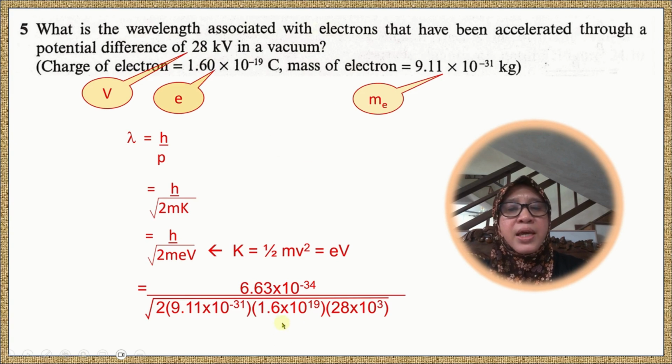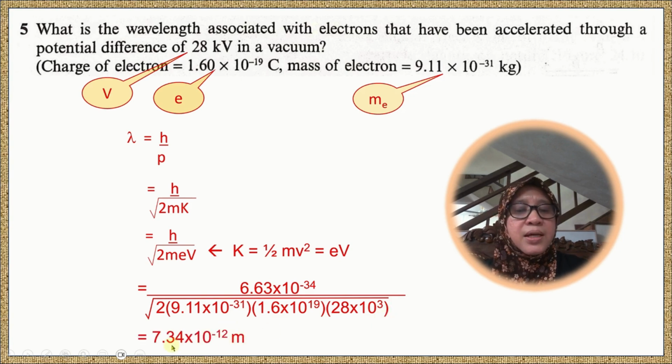Everything is in SI unit already, because coulomb is an SI unit. Another one, 28 kilovolt, we need to convert to volt. All is in SI unit already, so the answer is 7.34 times 10 to the power of negative 12 meter. So that's the answer for question 5.